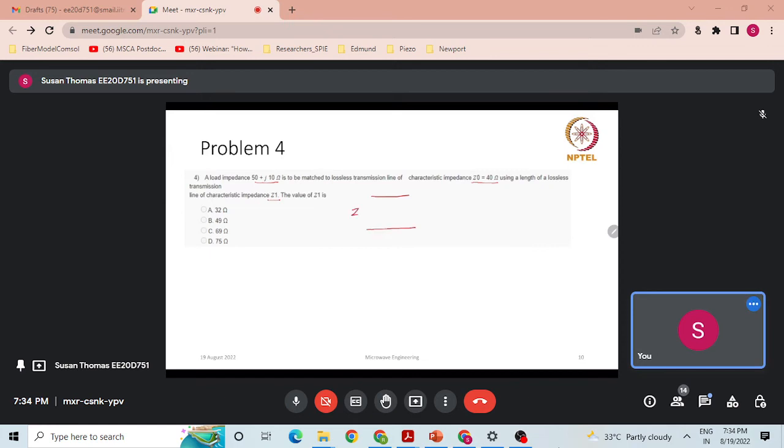This is the transmission line's characteristic impedance, and then there is another section which has an impedance Z1, and there is a load ZL. So ZL is 50 plus j10.